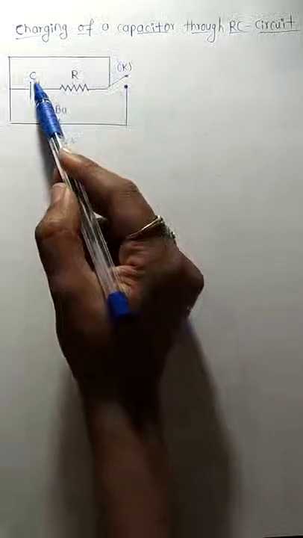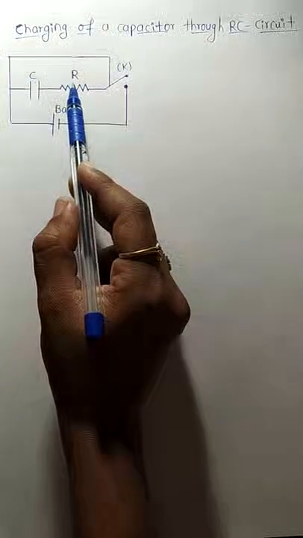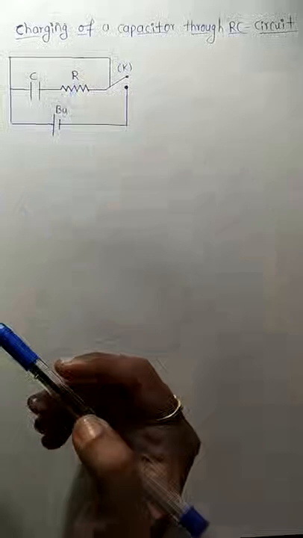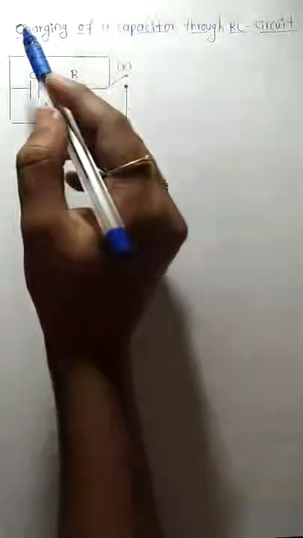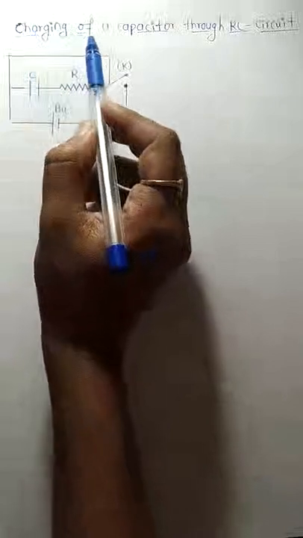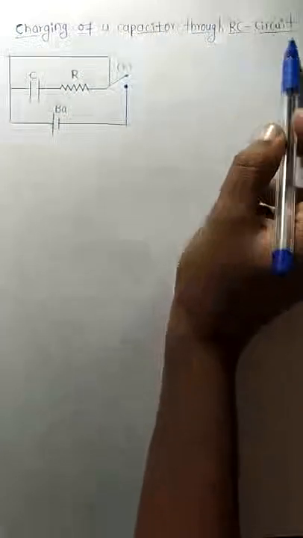Now this is the function of the capacitor, and we also know the function of the resistor. In the first step, we are studying how the charging of a capacitor takes place through the RC circuit.